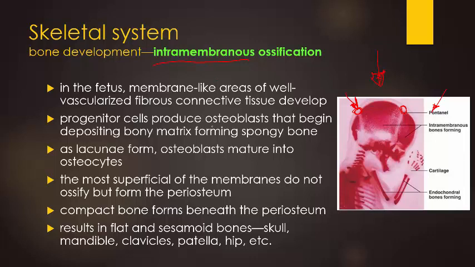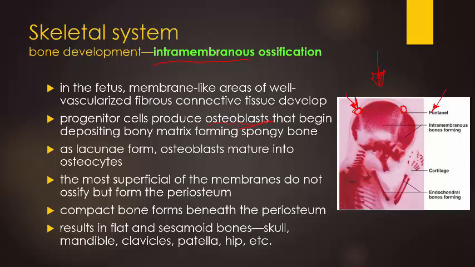Osteoblasts, remember, are the bone building cells, and they begin depositing bony matrix, forming spongy bone. As lacunae form around these osteoblasts, that's the point at which we declare that the osteoblast has matured into an osteocyte.